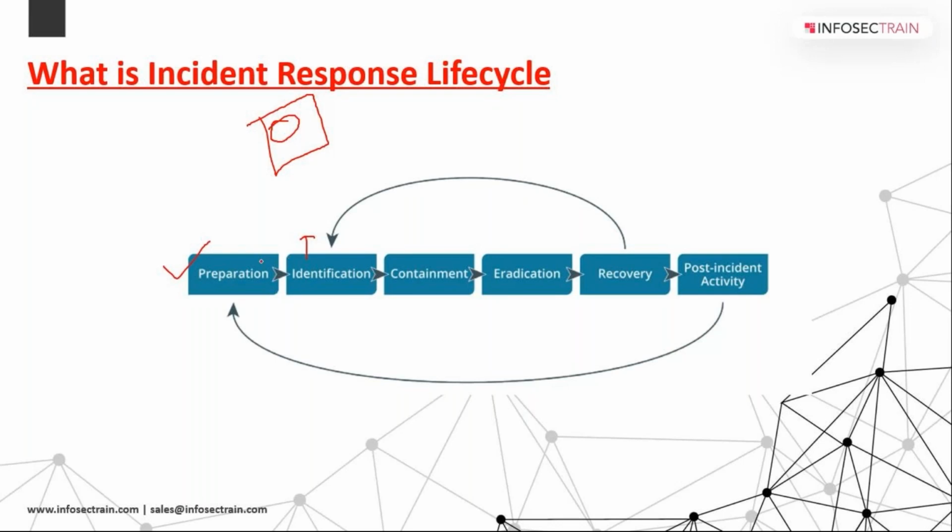Because of all the measures that you have taken in the preparation, what are the measures we take? We teach our employees, we train them, we set up firewalls, we set up IDS and IPS. All these security controls are there. They all failed to protect the organization from a ransomware attack.